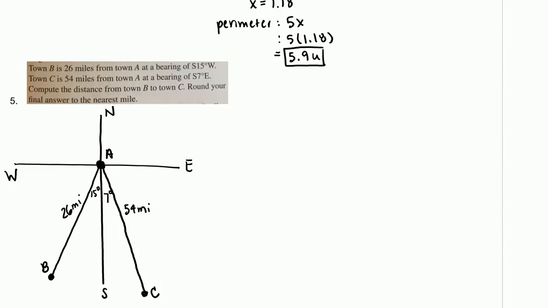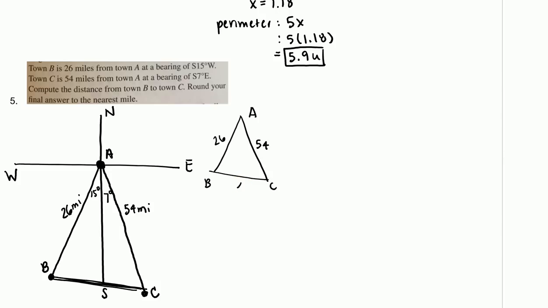Now it's asking you to compute the distance from town B to town C. So from B to C, that's this measurement here. That's what we're looking for. So this is a law of cosine problem. So if we just look at what that triangle looks like here, A, B, C, we know that this side is 26 miles, this side is 54 miles.